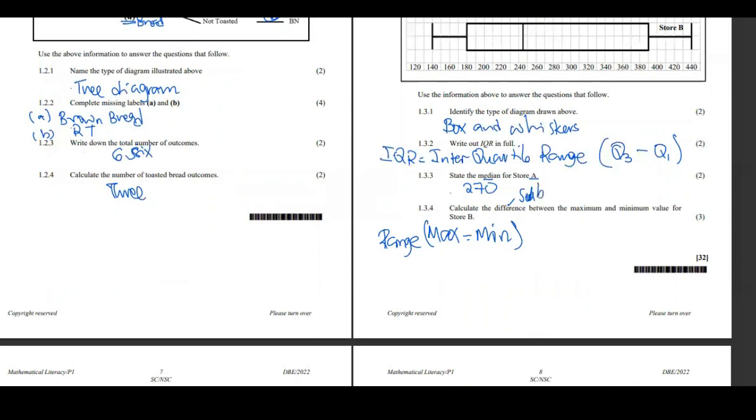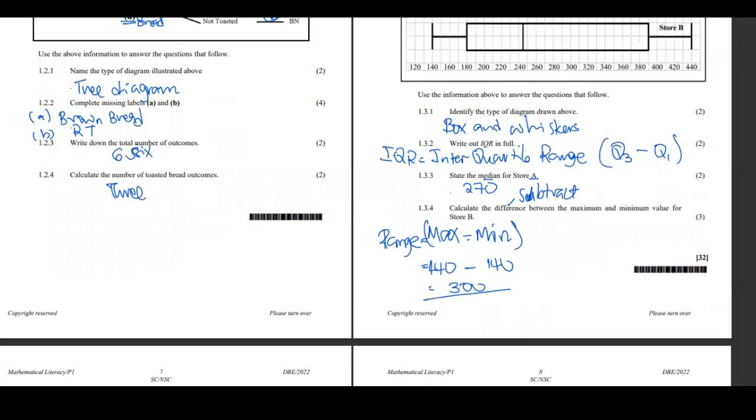Difference will always mean subtract. So let's look for the maximum value of store B. The maximum value of store B is 440 minus the minimum, which is 100. So the answer here becomes 300. So question number 1 is done.